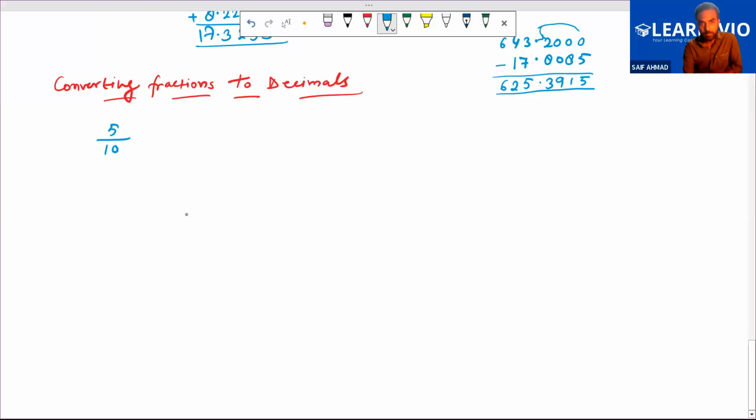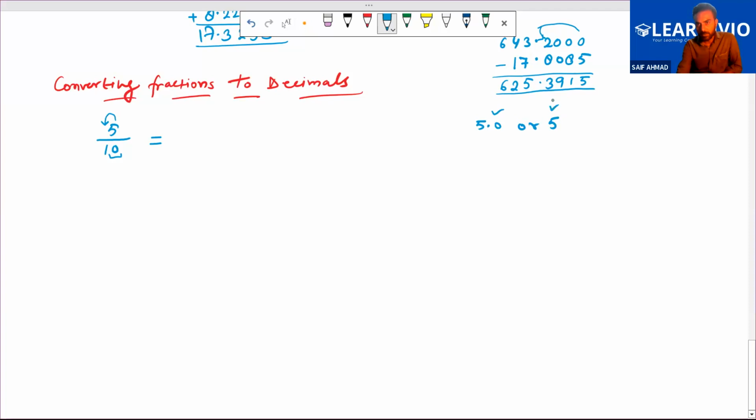For example, here is 5 upon 10. Here is only one 0, so we put the decimal before 1 digit, because here is 10. The decimal is always hidden after a digit. 5.0 or 5 is similar.